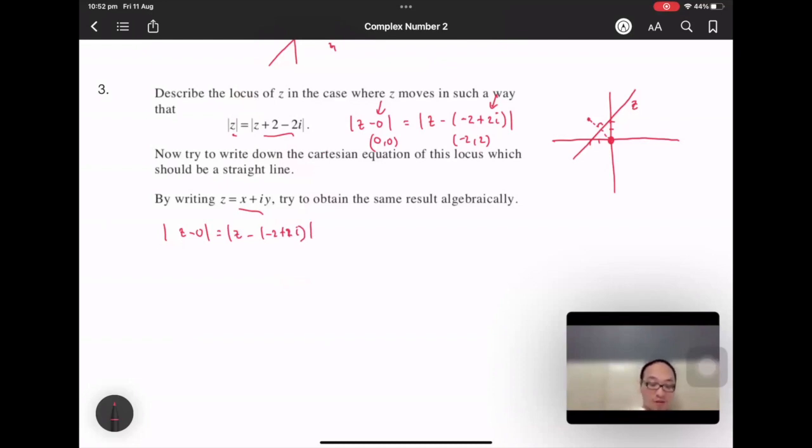So this is x plus iy minus 0 equals x plus iy plus 2 minus 2i. Simplify. So this is x plus 2 plus (y minus 2)i.